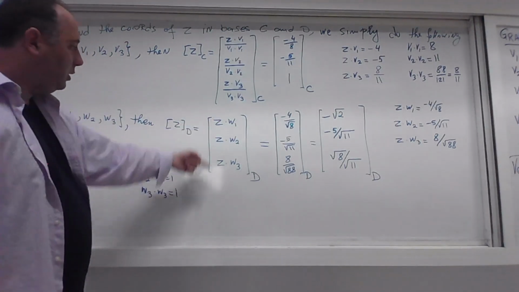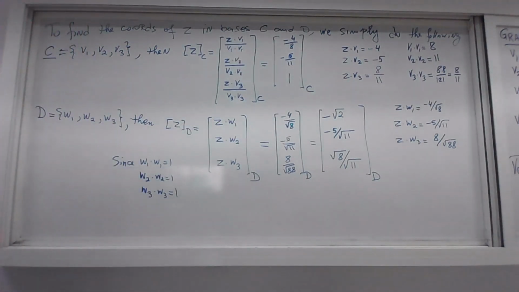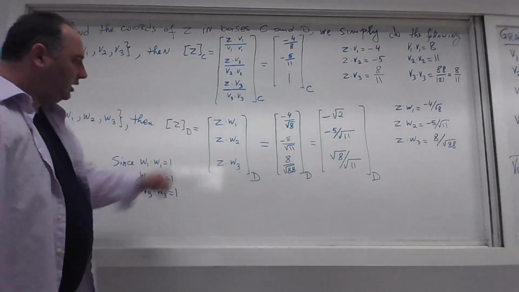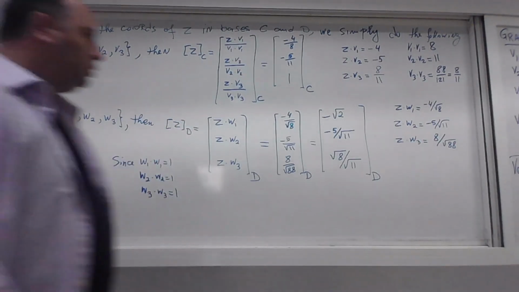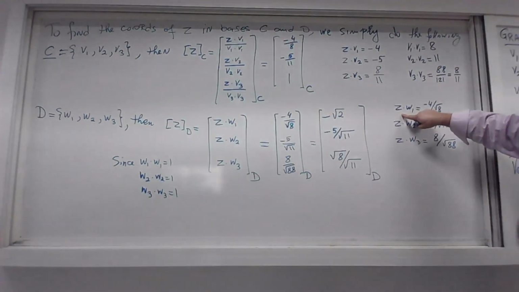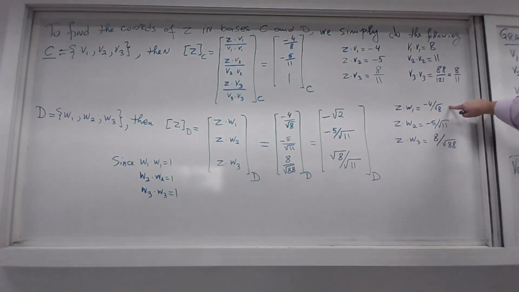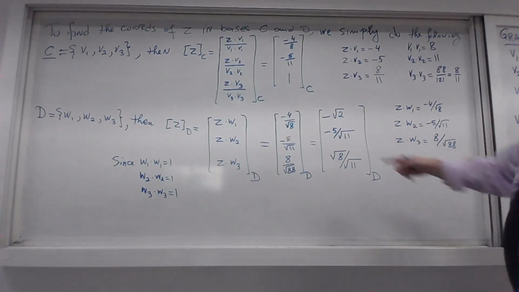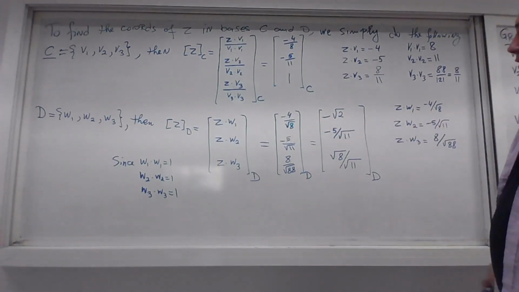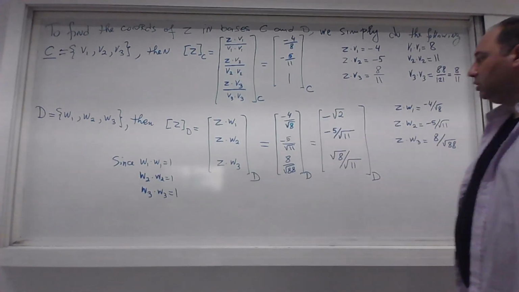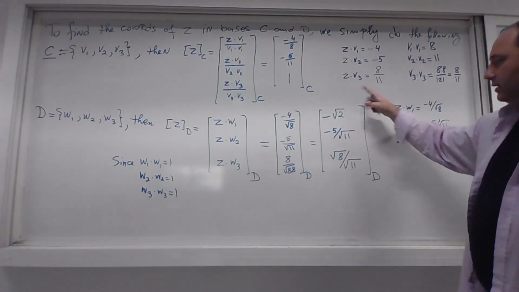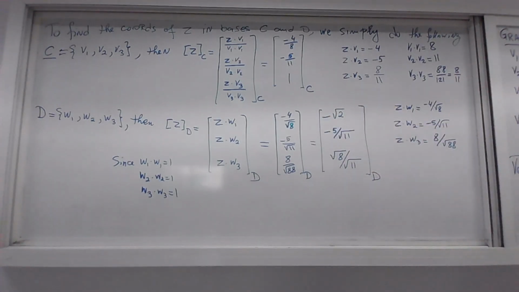So you see the beauty: when you have an orthonormal basis, the coordinates are very simple. So we do the computation here. If we don't make any errors, this is what we get for each one of them. Obviously we can simplify a little bit. We don't have to, but it would be cute. With the last step of simplification, you can make some errors, so be careful.